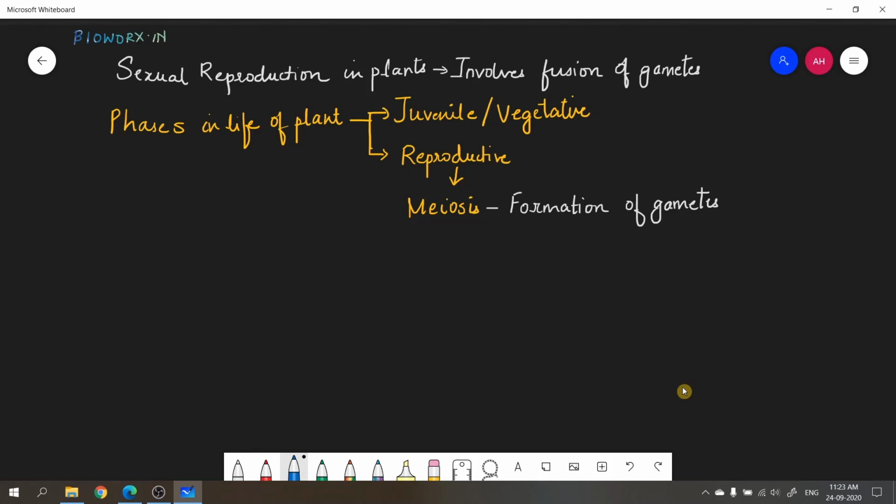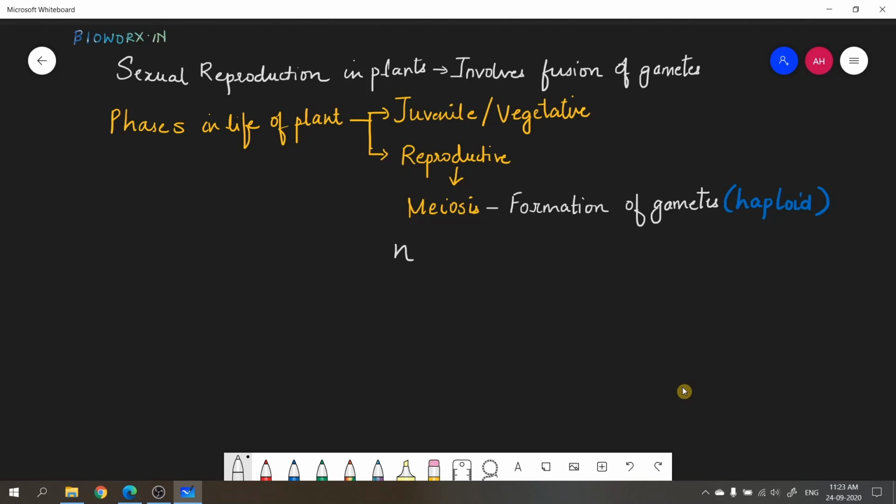I'll make a note of it. These gametes are haploid, and when these haploid gametes fuse, they will produce a diploid zygote.